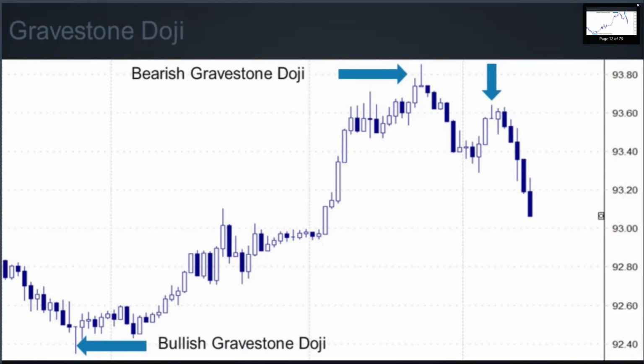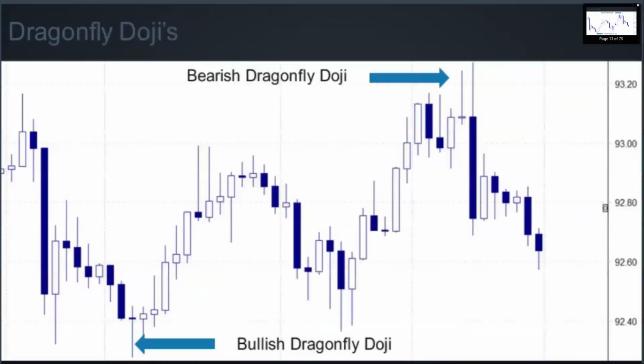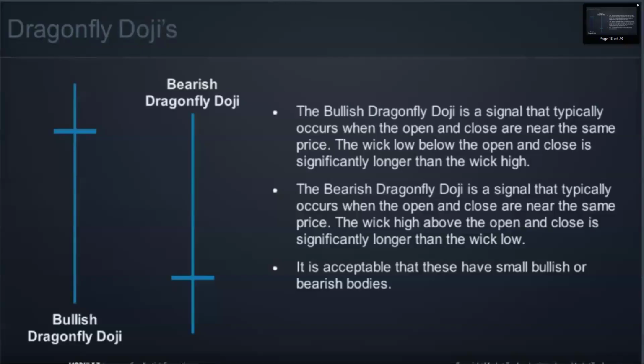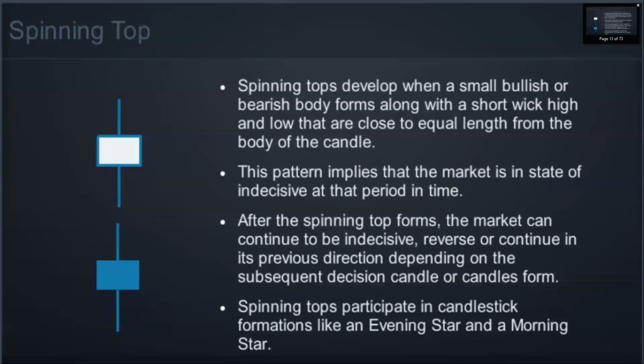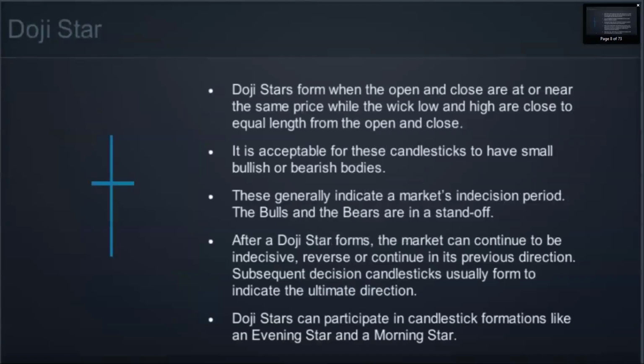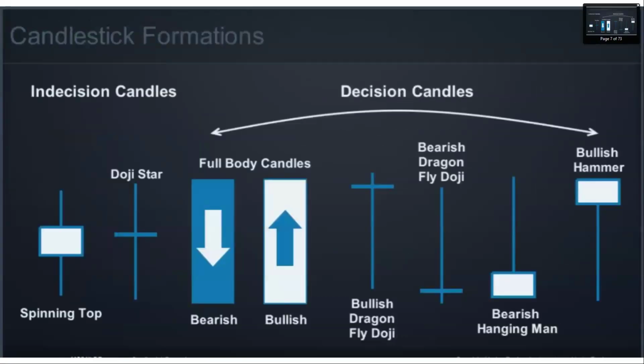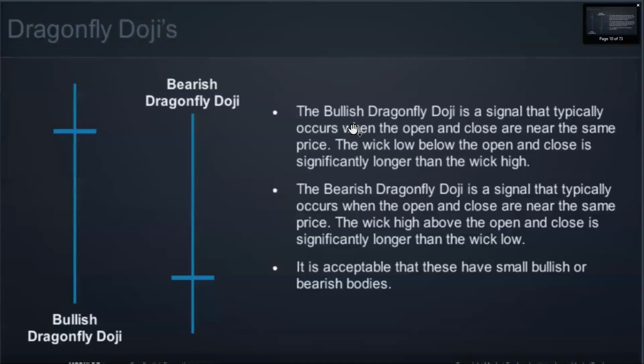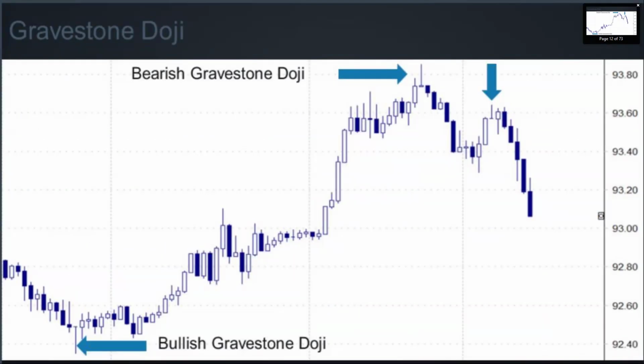Okay, let me see if we have it here. I will show you.